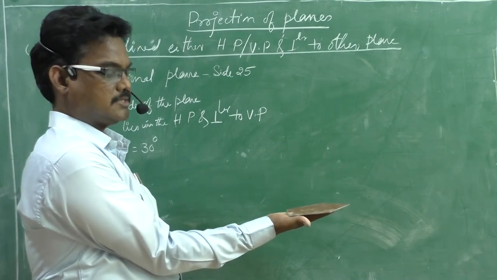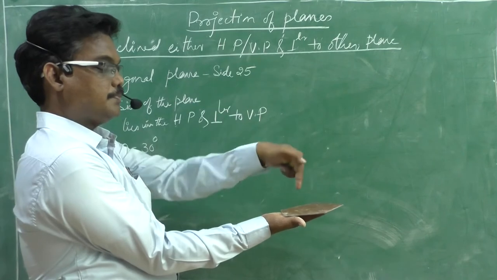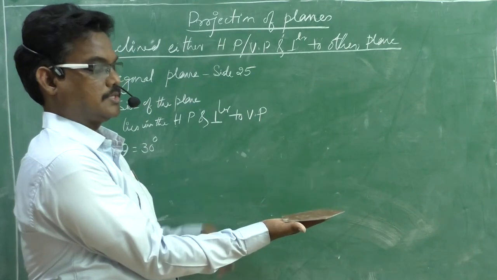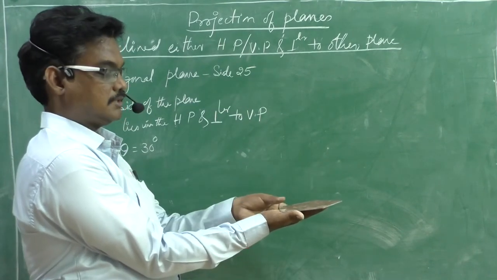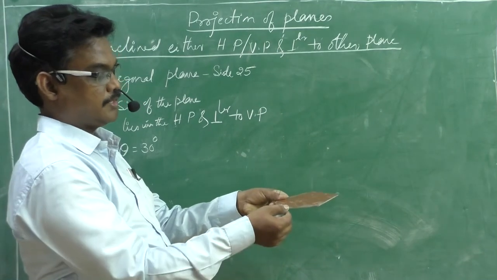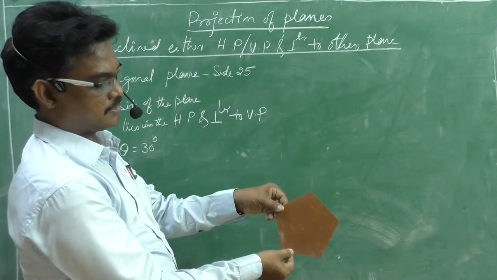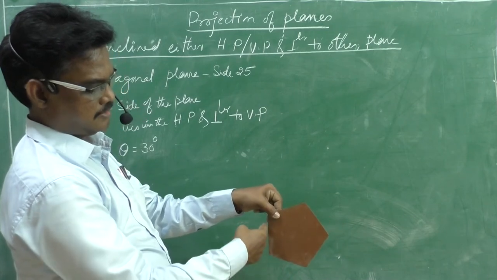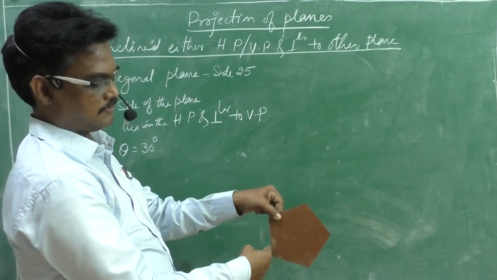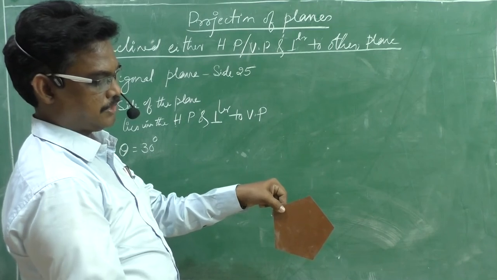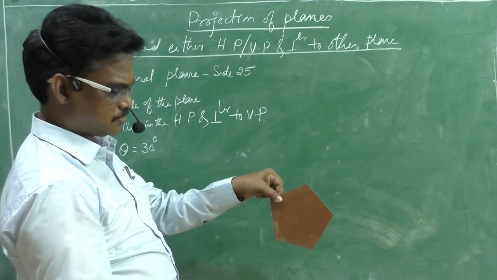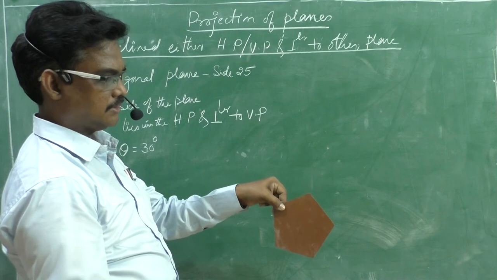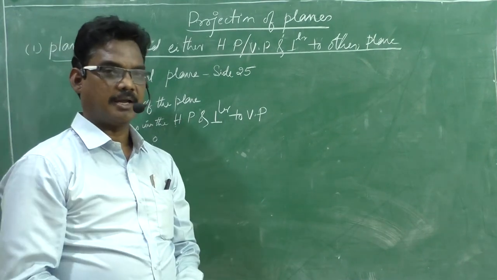When it lies in the HP, in the top view we can see its true dimensions. After that, if you rotate the horizontal plane, the top view will be like this. That means this side is perpendicular to the reference line. Therefore, in this position only we need to draw the respective pentagonal plane.